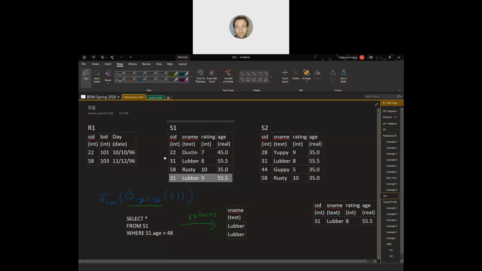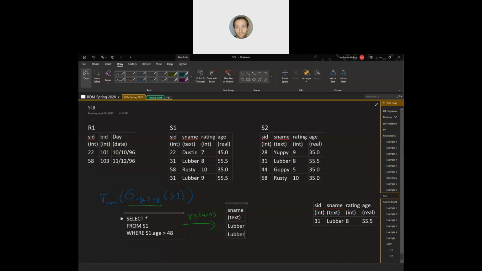So because the second and the fourth rows both satisfy the where condition, the result is the name repeated. Which sometimes you might want to happen, but most of the time you don't want it to happen.